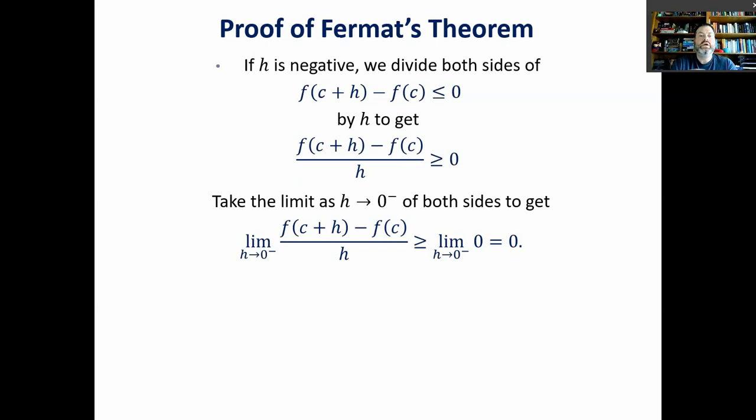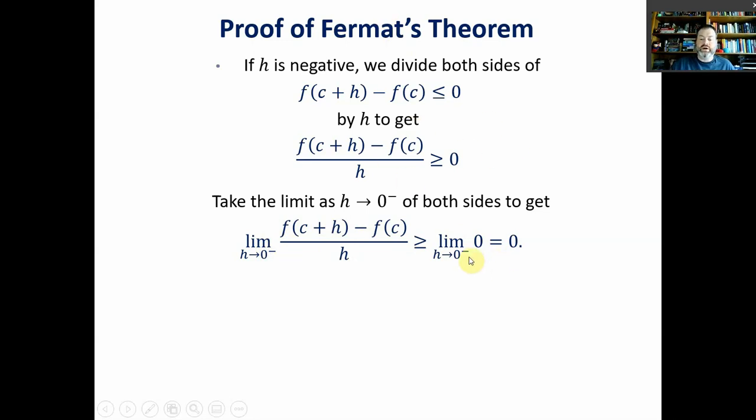Now we take the limit. We're on the left side of the local maximum, so we take the limit from the left. So this is our derivative from the left. The exact same thing happens as on the previous slide. Because this derivative exists, we can replace the negative with just the limit as h goes to 0, because the limit is the same on both sides. Those limits have to be equal.